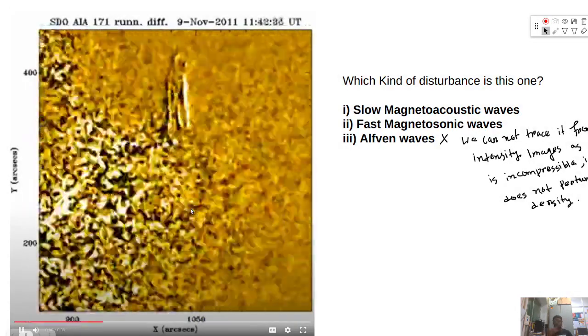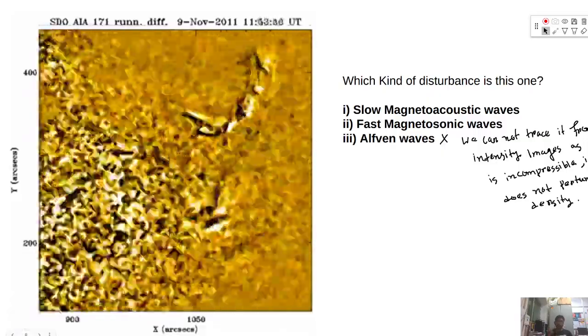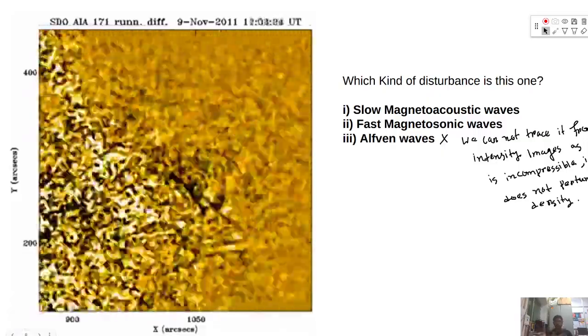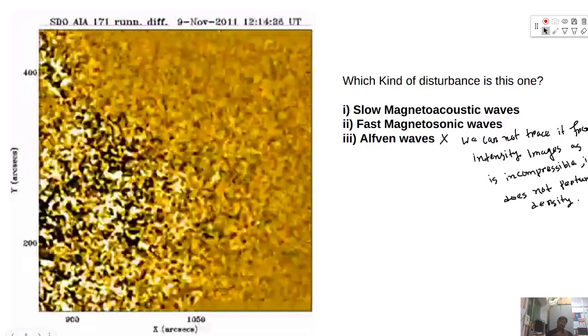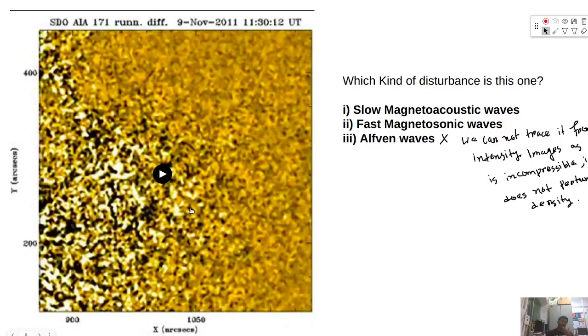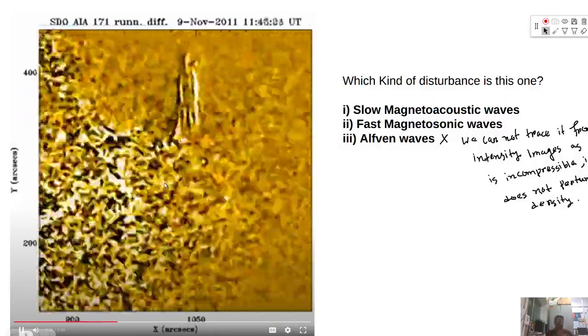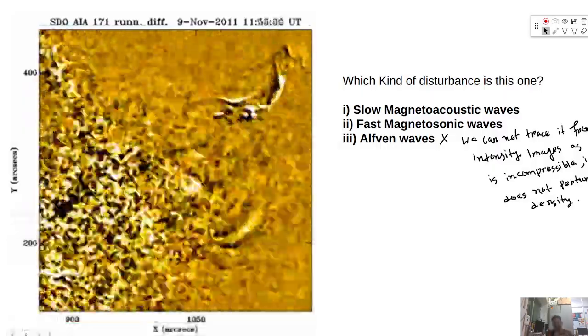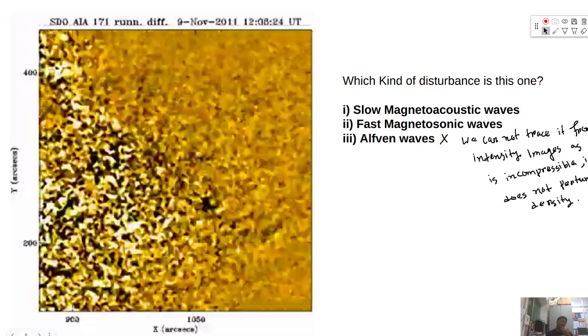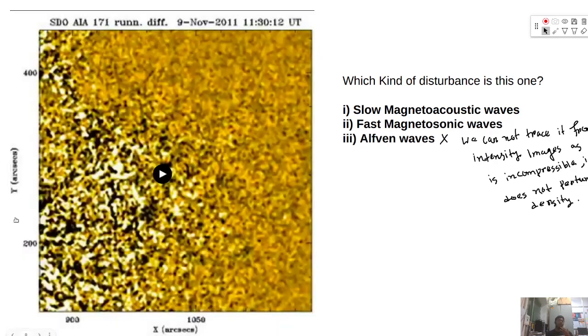If it were moving along the field lines, it should not have these circular wavefront-like structures. It can move along the field lines itself, but here this is across the field lines, so we can tell that this is a fast magnetosonic wave.